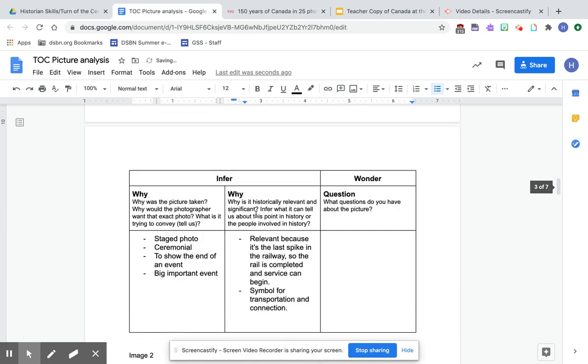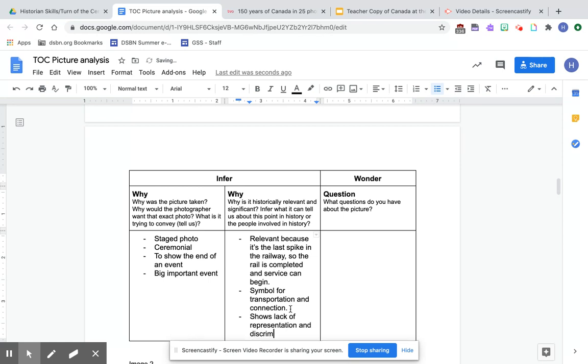So if I go back to here, for what it tells us about this point in history and the people involved, we definitely have moments of discrimination, lack of representation, and discrimination against the Chinese community.